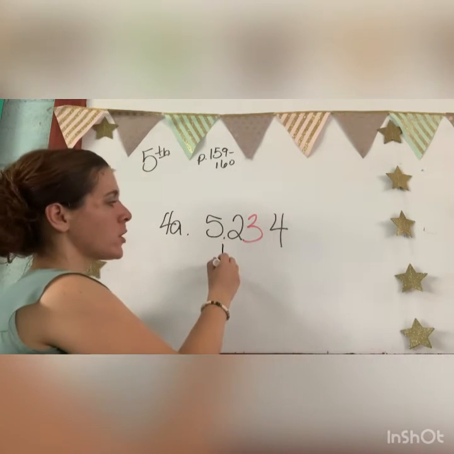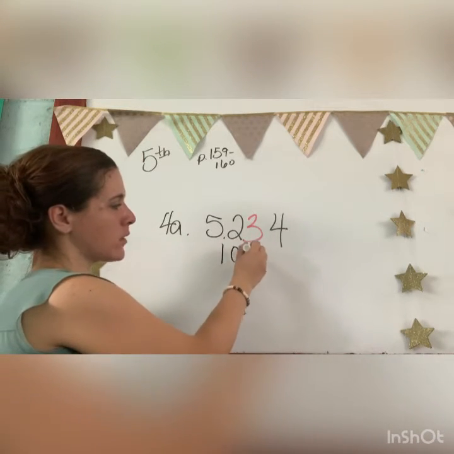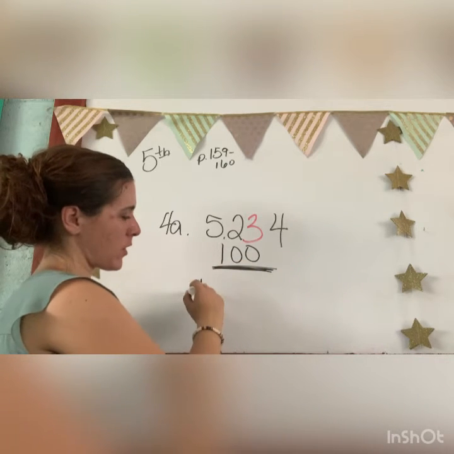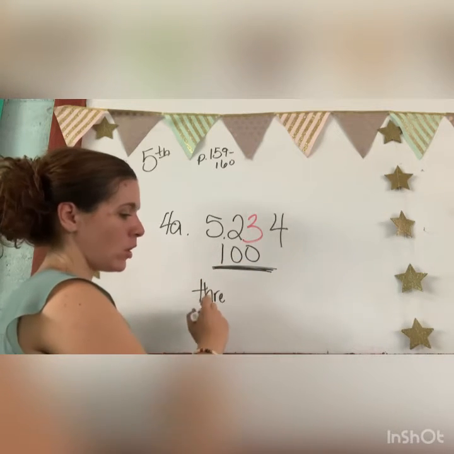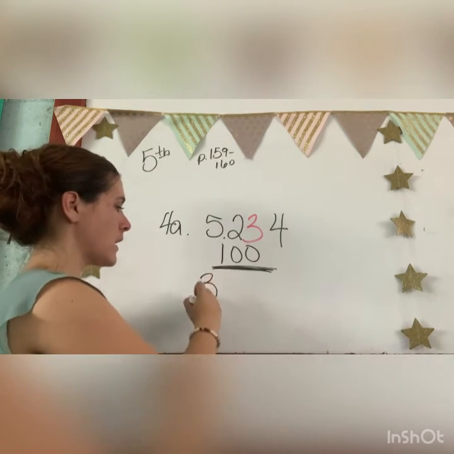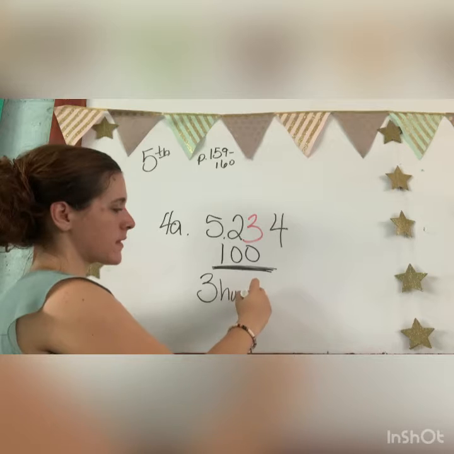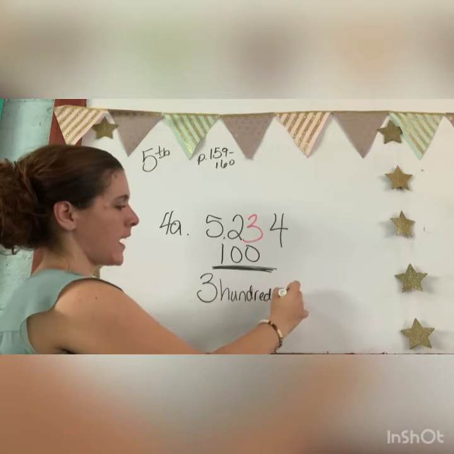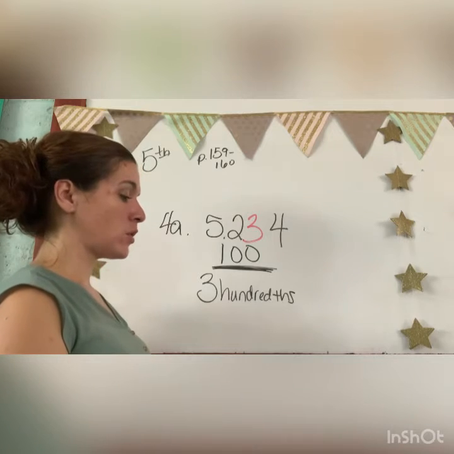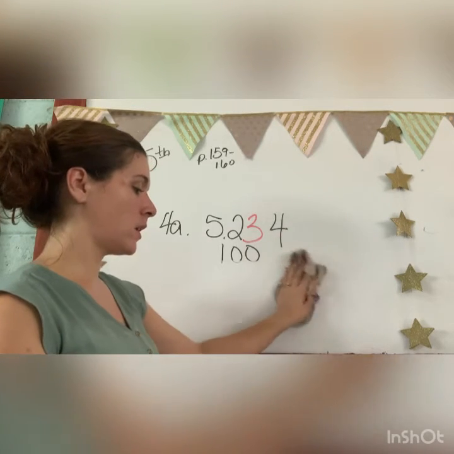Put a 1 under your point, 0, 0. What is that, Oscar? Hundredths. So we can say 3 hundredths with the TH. Okay, so that's what you do with number 4.